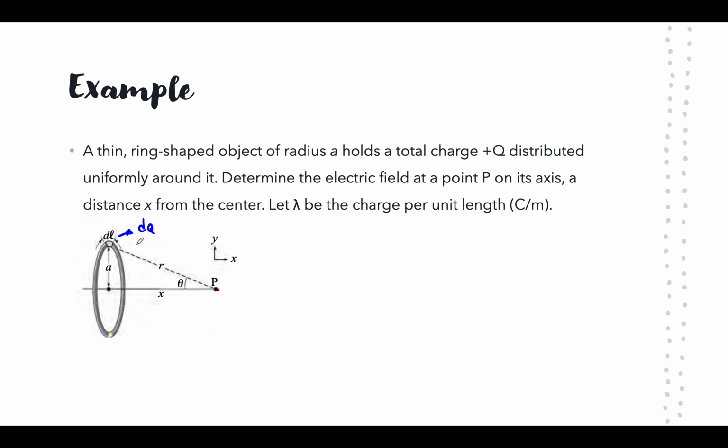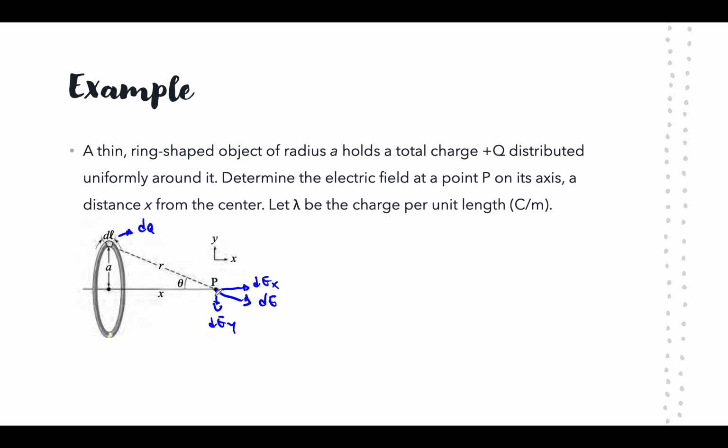And this charge differential dq is going to create an electric field differential dE, right? Now, if we notice, this electric field differential is at an angle, so it's going to have a horizontal component dx and a vertical component dy.